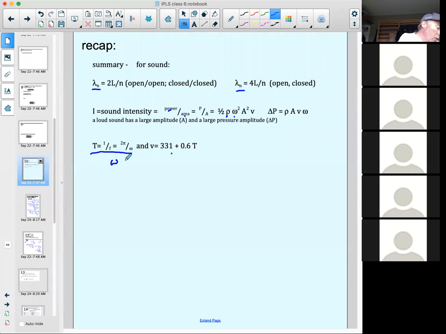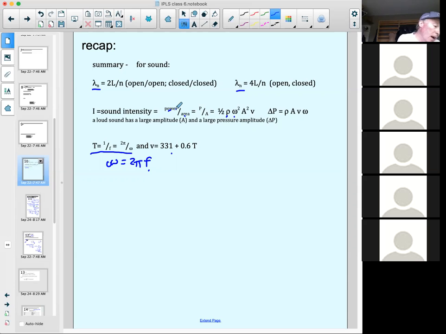And remember from the period frequency relationship that omega is really just another way of measuring the frequency of a wave. So intensity depends on omega and on frequency. Amplitude is how much the air molecule is moving back and forth, and V, of course, is just the speed of sound. So that's the intensity of the sound wave, which is related to energy, of course, because power is energy per second.